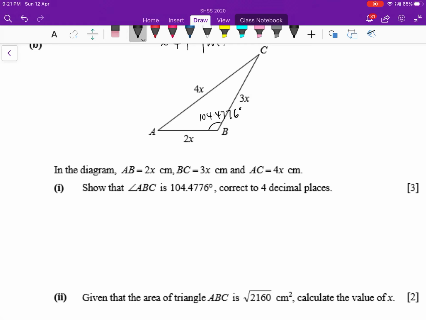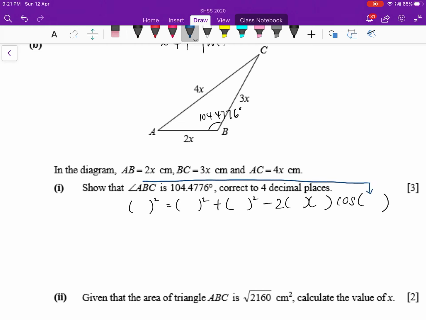Given three sides, we must use cosine rule. And cosine rule is pretty simple to apply. Length squared equals length squared plus length squared minus 2 lengths cosine of an angle. All you need to know is this angle must be opposite this length.